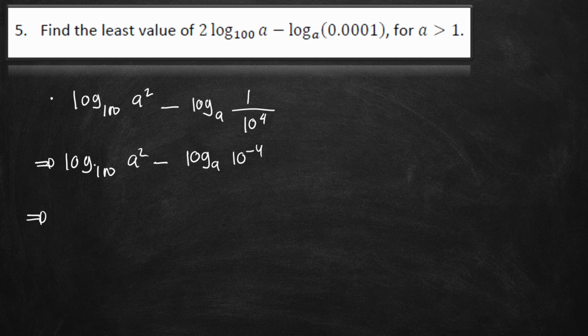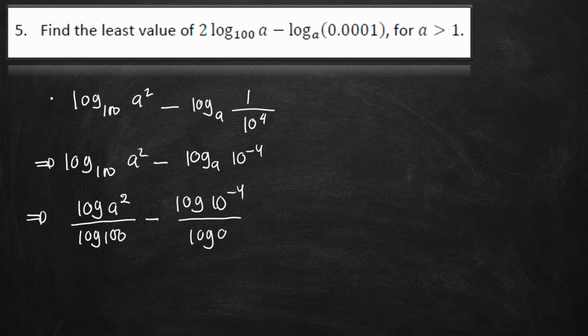Now we'll write it as log a power of 2 divided by log 100, minus, this one will become log 10 power of minus 4 divided by log a. So you can see here that this 100, I can change it to become 10 power of 2. So it means that these two will be cancelled out, right?